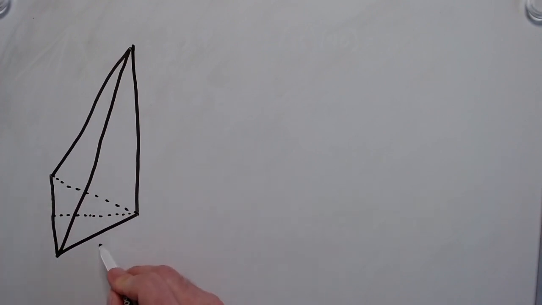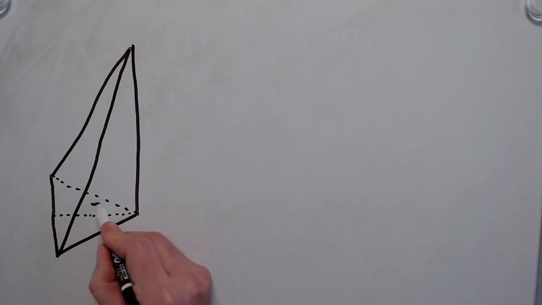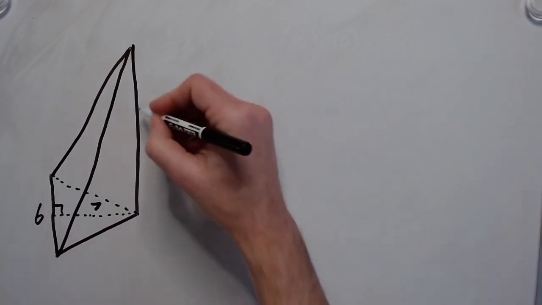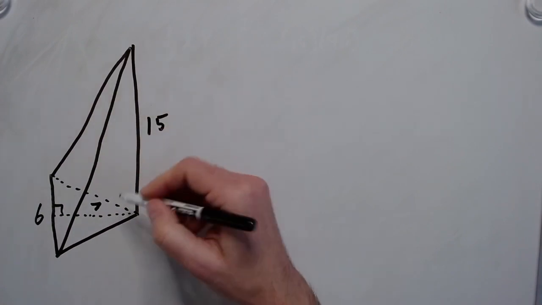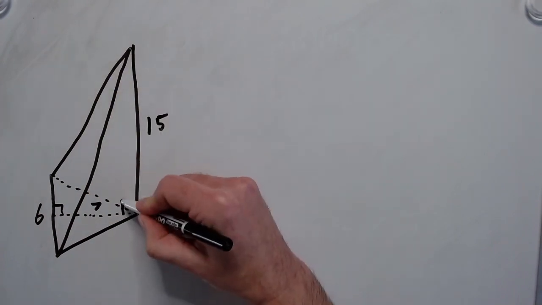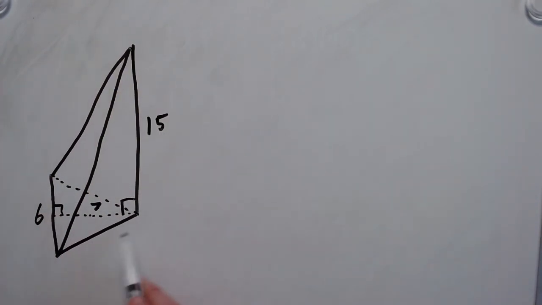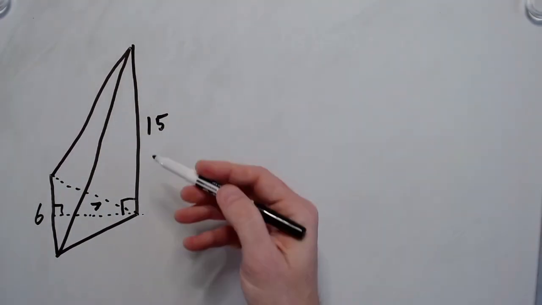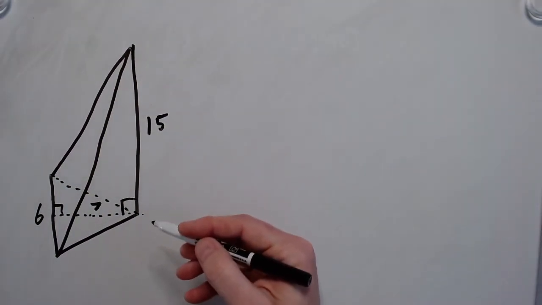So we're going to say that this is 7 here, from here to here, and this base of this isosceles triangle is 6, and the height of the pyramid is 15. So if you can imagine, from this dotted line to here, we have a right angle. So we've got an isosceles triangle down here, whose base is 6 and whose height is 7, and the height of the pyramid is 15. And all we want to do is find the volume of this pyramid.